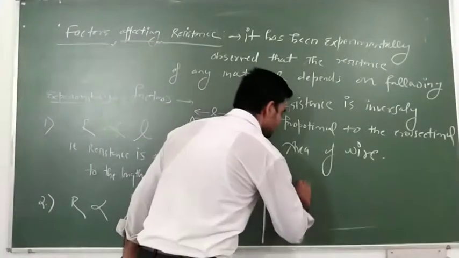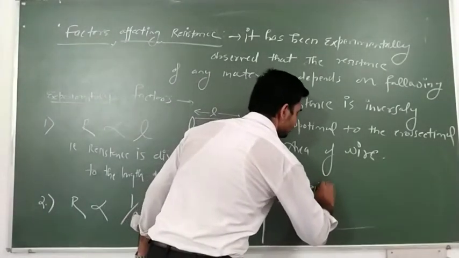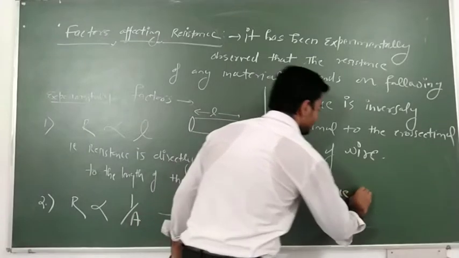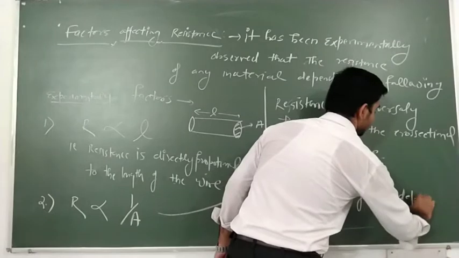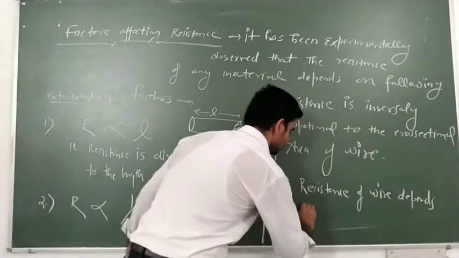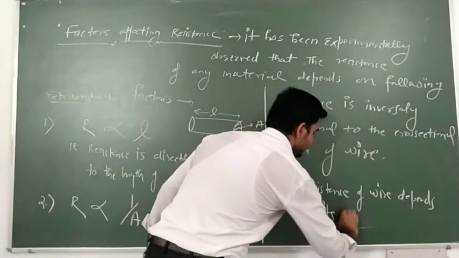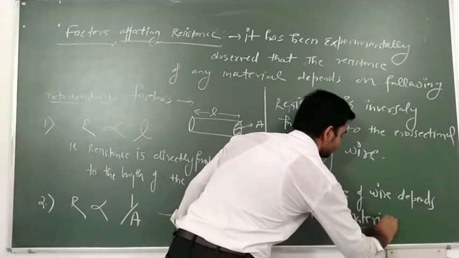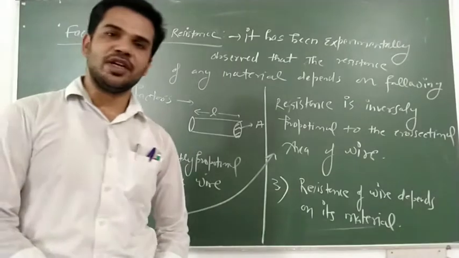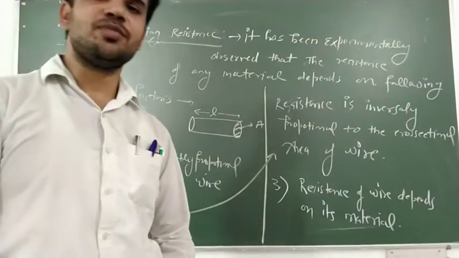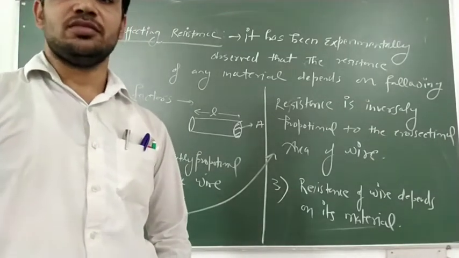Third number: the resistance of wire depends on its material. The resistance of wire always depends on the nature of the material.